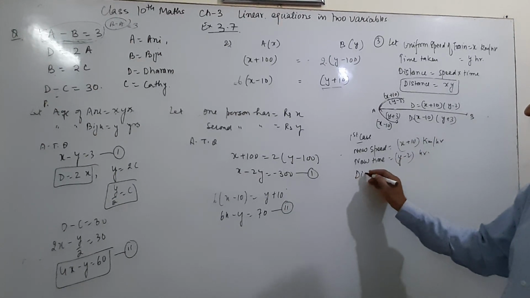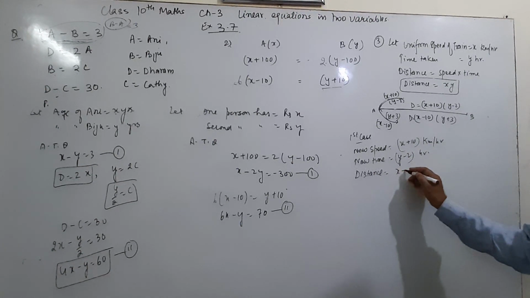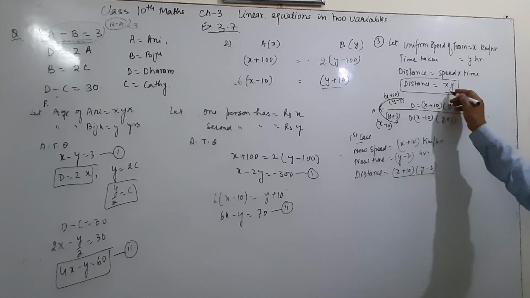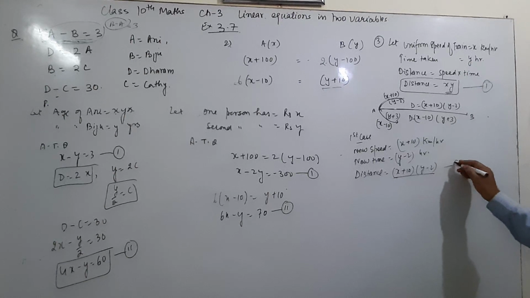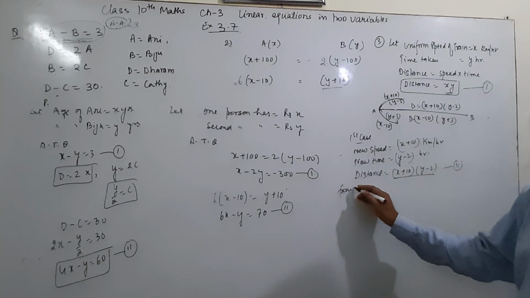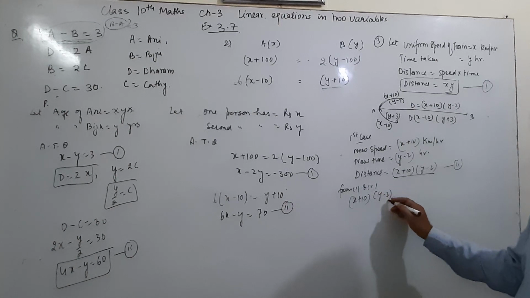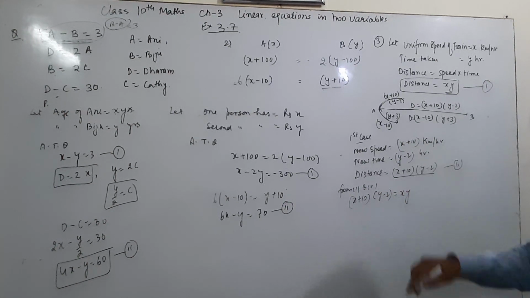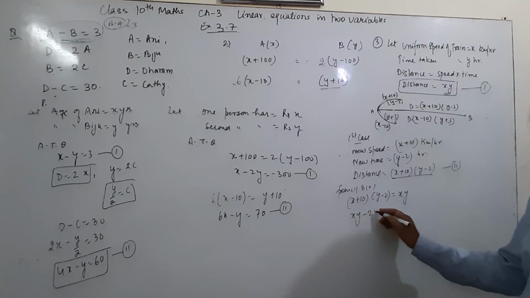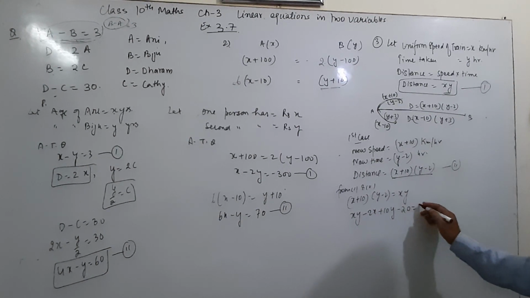The distance is equal to speed into time: X plus 10 into Y minus 2. This is distance, and we know the distance is XY. This is first and this is second. From first and second, X plus 10 into Y minus 2 is equal to XY, as the distance is the same. Open the bracket: XY minus 2X plus 10Y minus 20 is equal to XY.